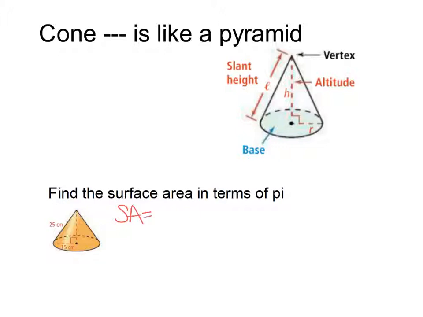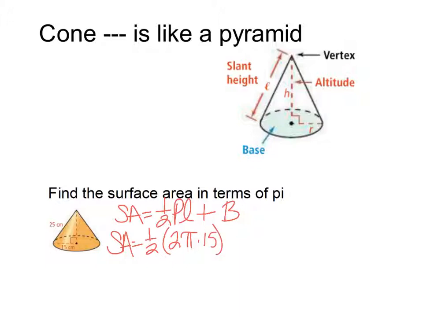Surface area, 1/2 PL plus B. 1/2, the perimeter. The perimeter on a circle is ultimately the circumference. So that's going to be times 2 pi r, and r is 15.